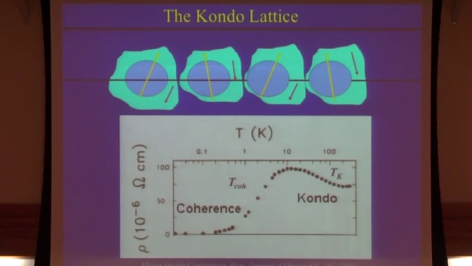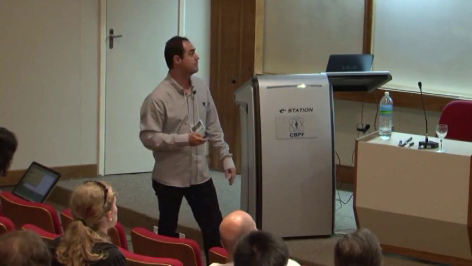And that makes your resistivity, which increases until a certain temperature, start to drop again, going to a very low value where you recover a non-magnetic state with regular metal temperature dependence.